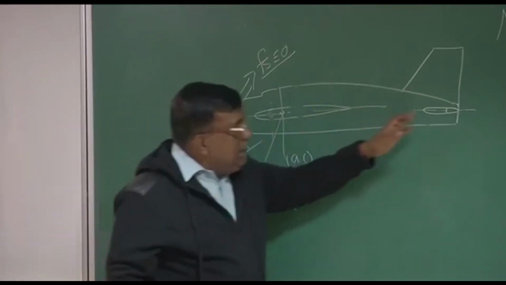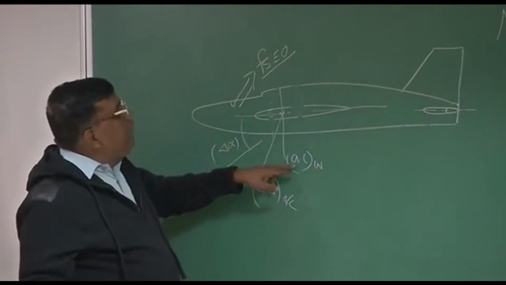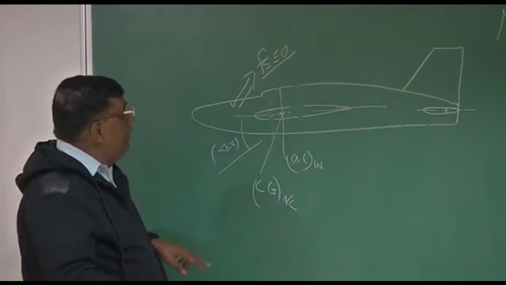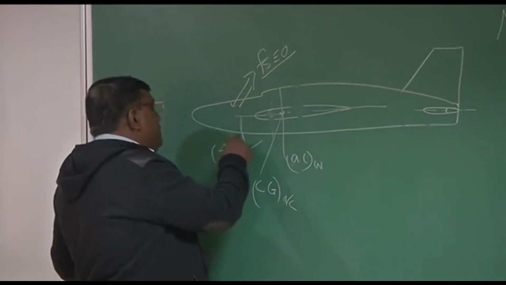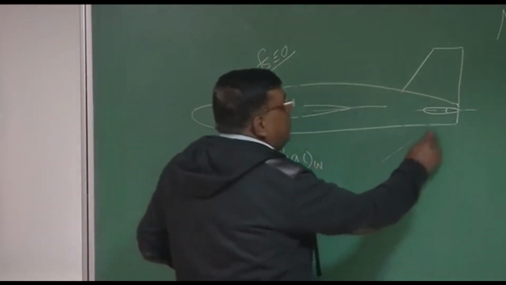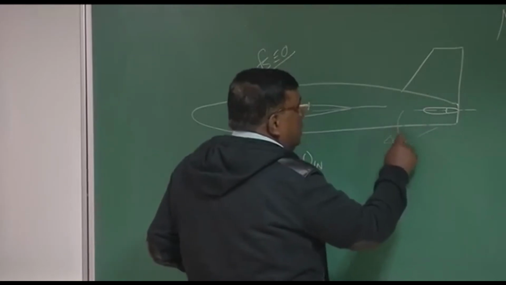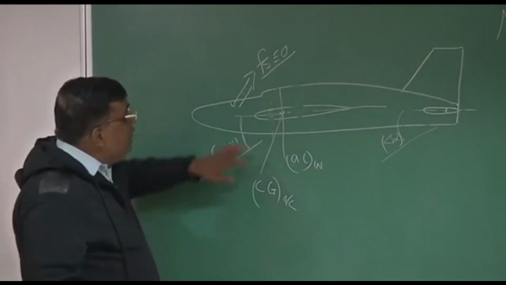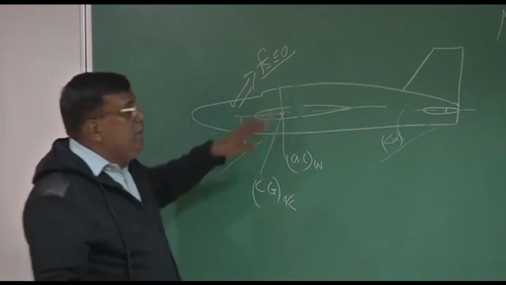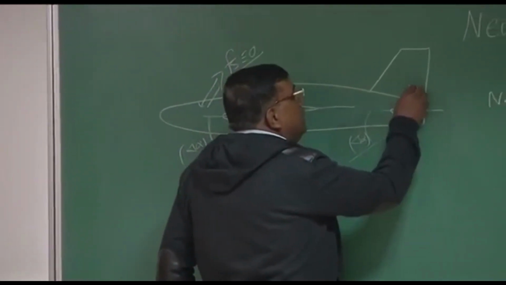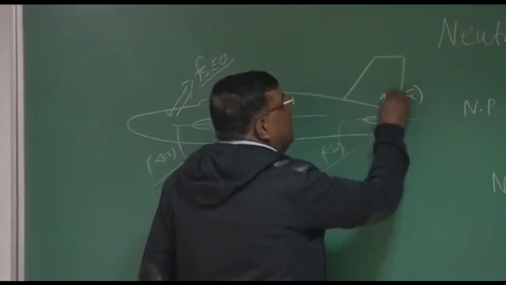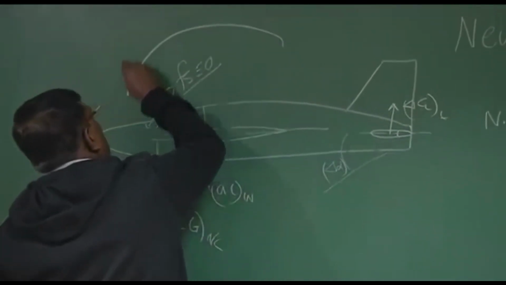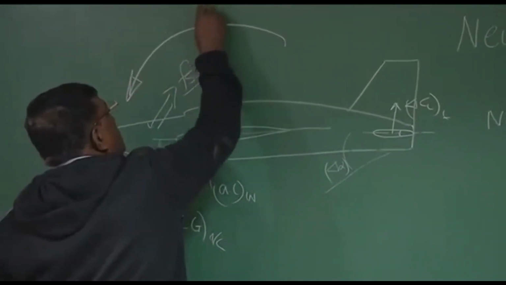But the moment I put a tail here, even if the AC of the wing is at the CG of the aircraft, if I produce some disturbance delta alpha, and roughly delta alpha will also be here if I neglect downwash and all, even if the wing is not giving any moment about CG, remember here there will be a delta CL tail, which will give a nose-down pitching moment.